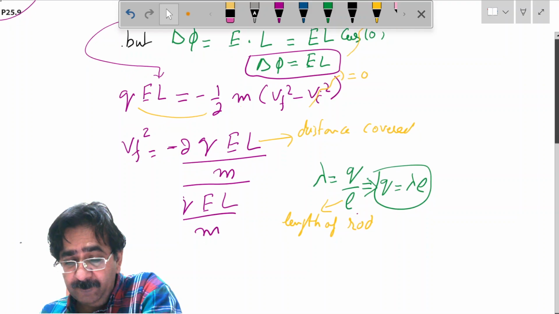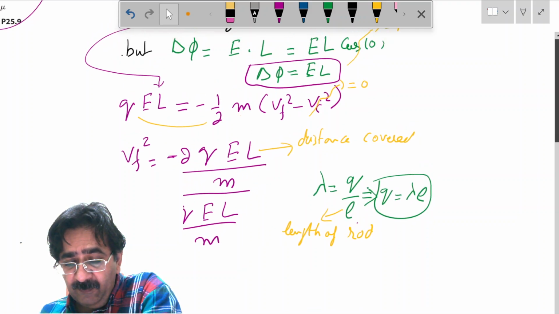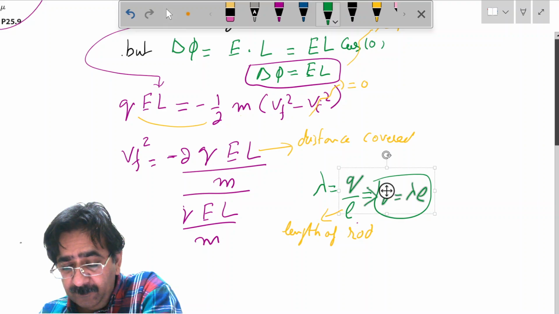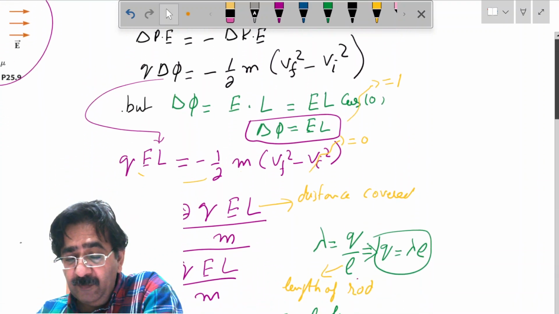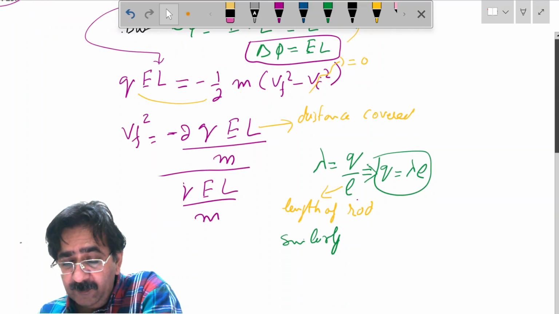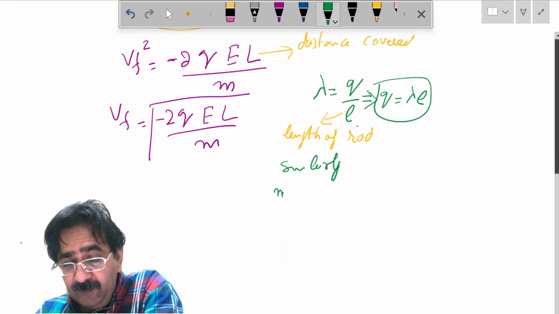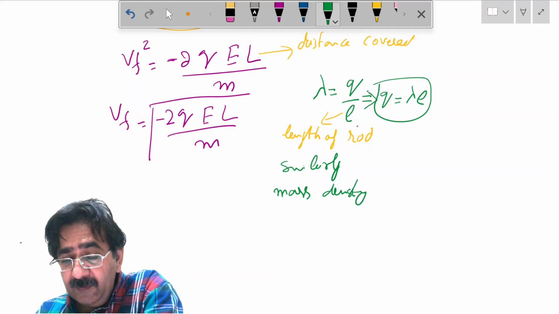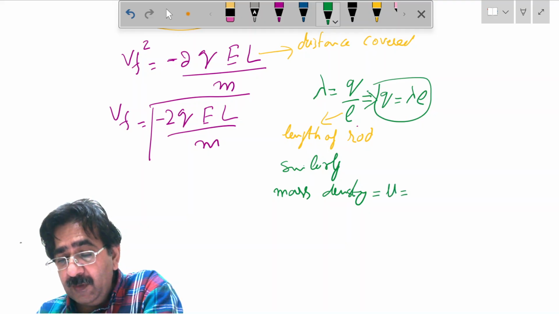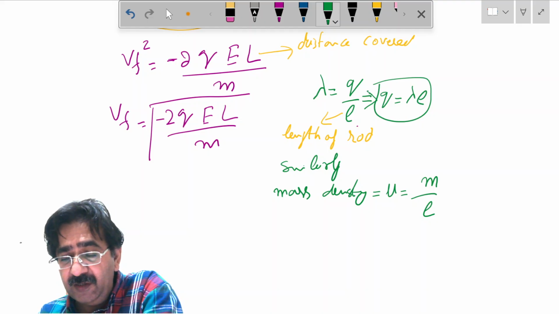And similarly, mass density, that is mu, is mass per unit length, because this is the length of the rod and mass is distributed on the rod.